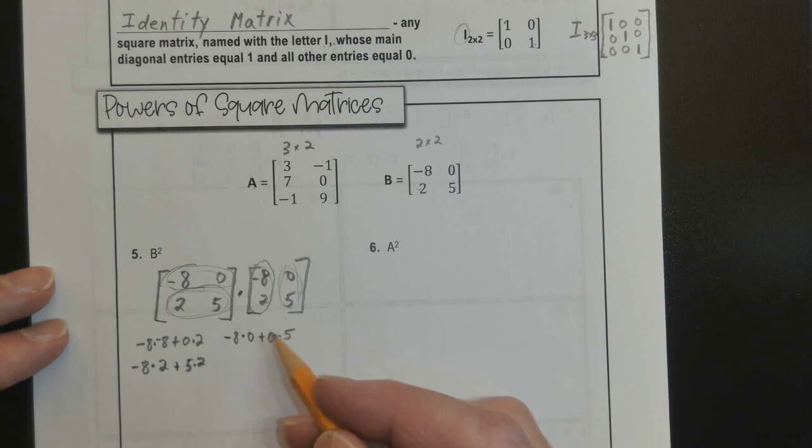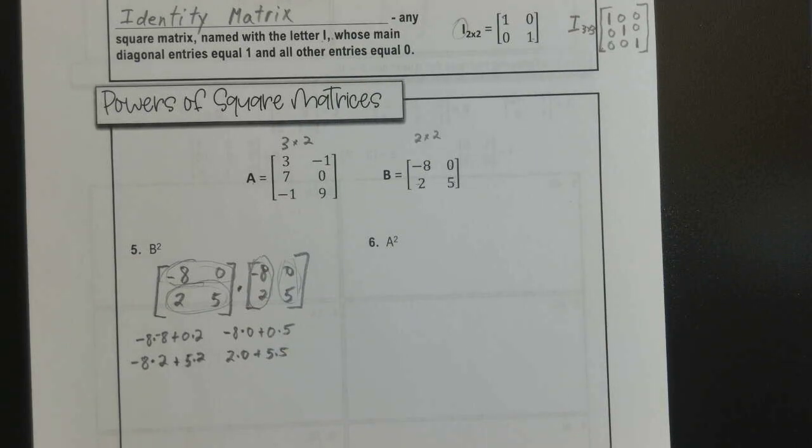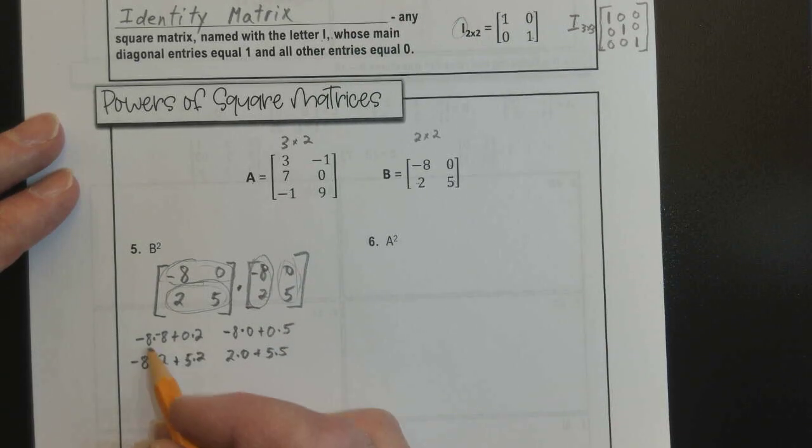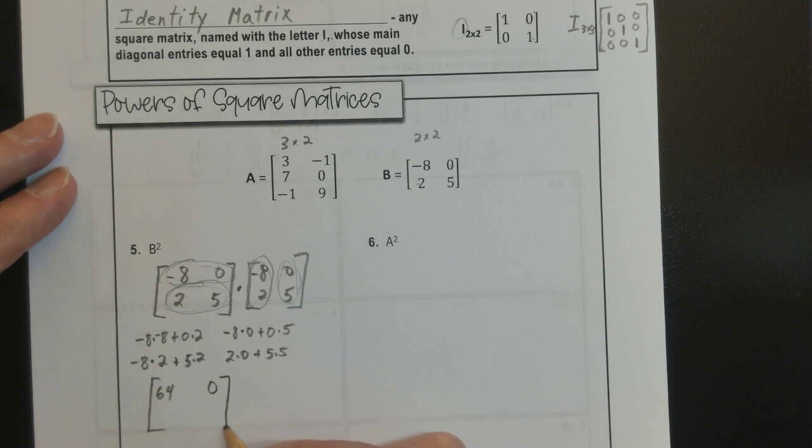Second row, second column: 2 times 0 plus 5 times 5. So this is 64 plus 0, which is 64. This is -8 times 0, that's 0 plus 0 is 0. Then -16 plus 10 is -6. And 0 plus 5 times 5 is 25.